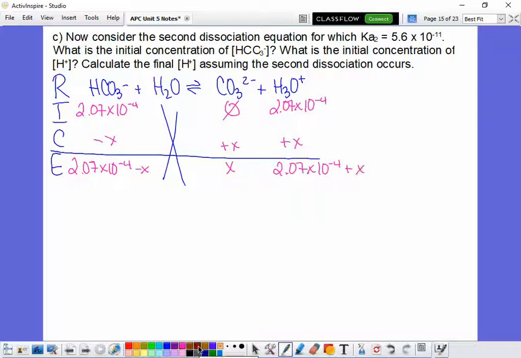So let's write out the equilibrium expression. Instead of Ka1, I'm going to write Ka2 to signify that this is the second dissociation. And that equals the concentration of CO3 2 minus times the concentration of H3O plus all over the concentration of HCO3 minus.